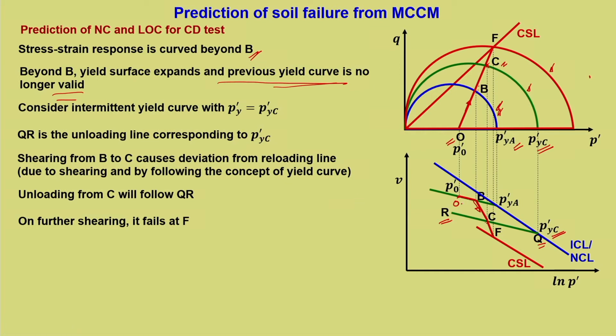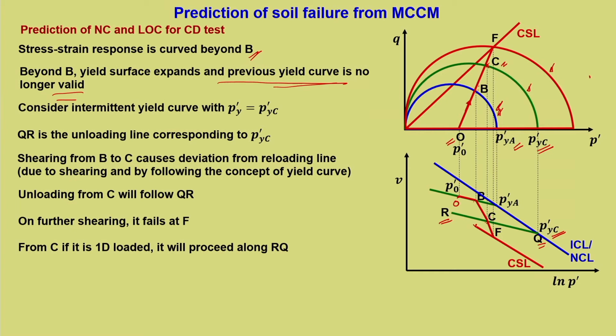So, you can see here now from the starting point it is following a curve like this, and initially without knowing this point we have done like this. You can see for yourself how we have drawn the failure line from O to the critical state line. Okay. So, on further shearing it fails at F. Now, from C, if it is one dimensionally loaded, it will proceed along RQ. Now, this information is very important.